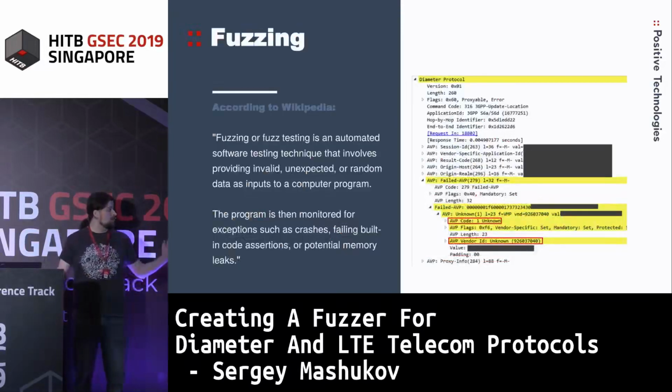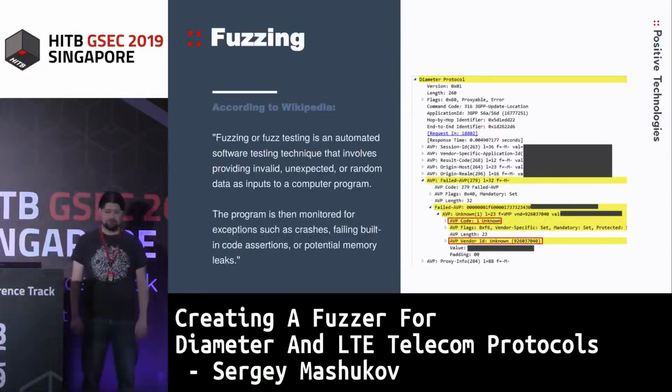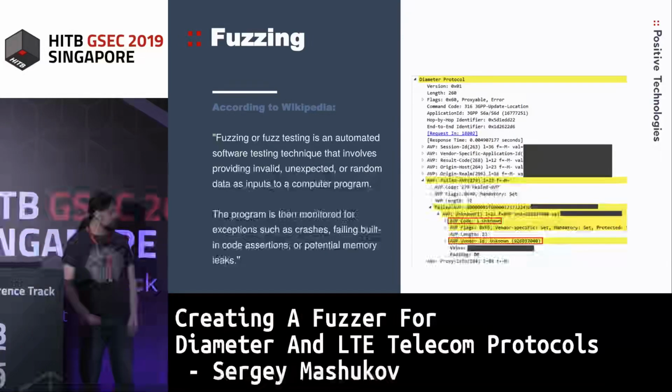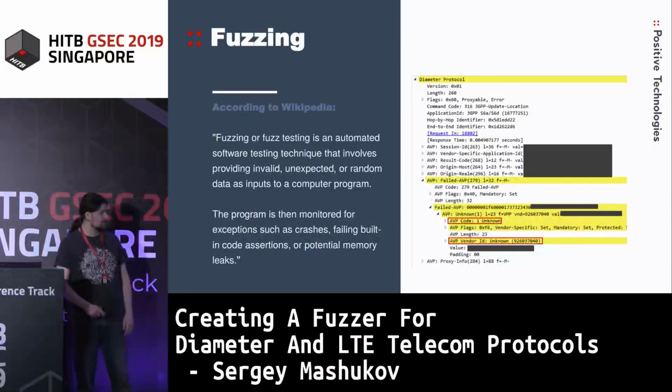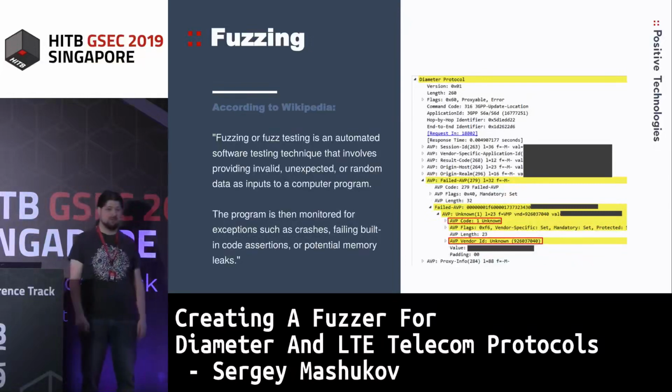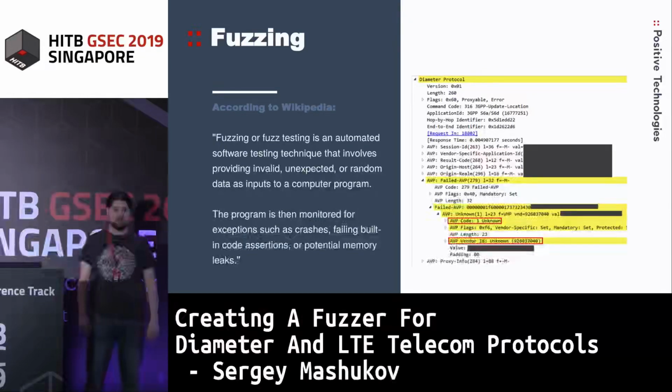So with this out of the way, let's talk about fuzzing. You can read the definition in Wikipedia, but you can also see what this means in Wireshark. Here you can see AVP code 1, unknown for some reason. AVP code 1 is User-Name.